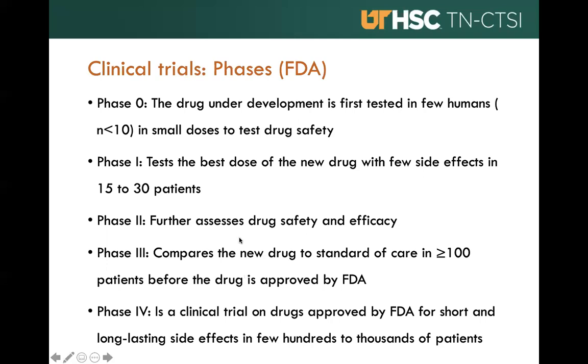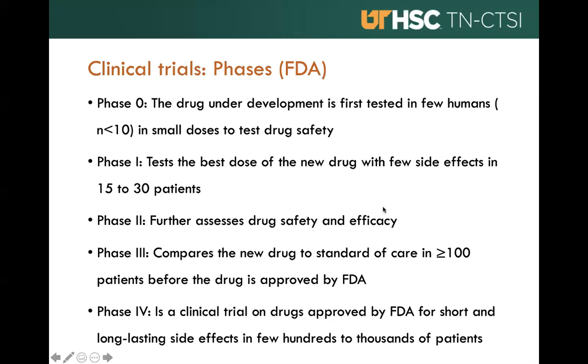Phase 2 further assesses drug safety and efficacy. When we say efficacy, this means the effect of the drug in achieving the desired outcome. Again, a small number of participants are usually tested, below 100.